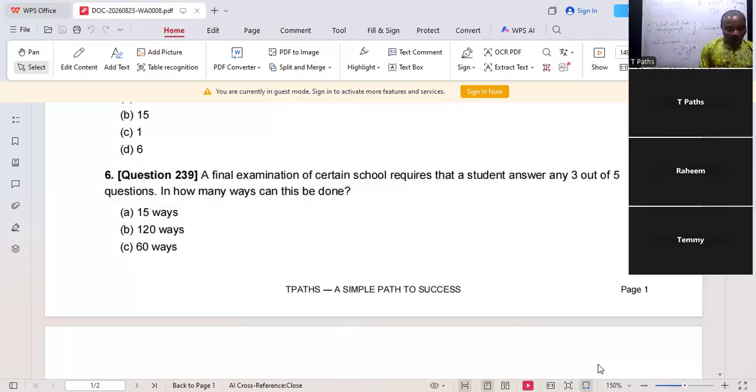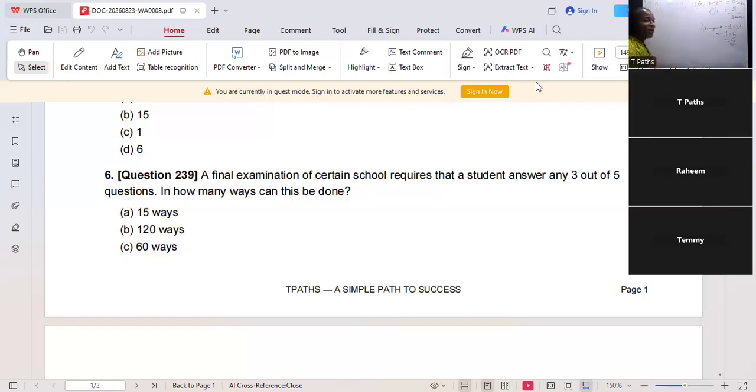In how many ways can this be done? That is combination, 3 out of 5.